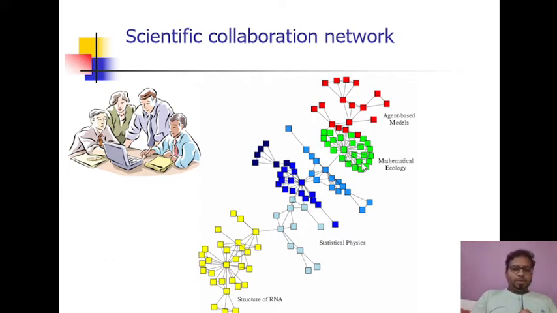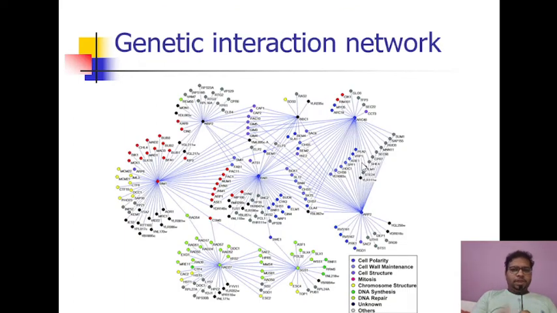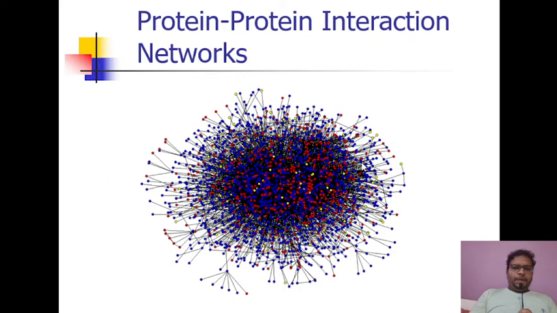So these are the nodes, the points. There are some examples with respect to industries and business, and we can take each as one graph. This is a genetic network, showing how cells or chromosomes are connected. Or we can take another example, the protein-to-protein interaction network.